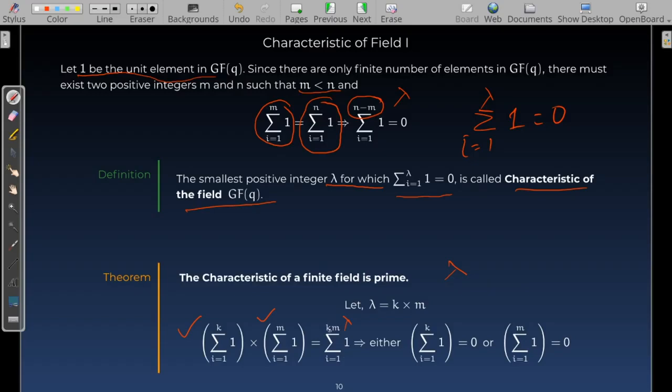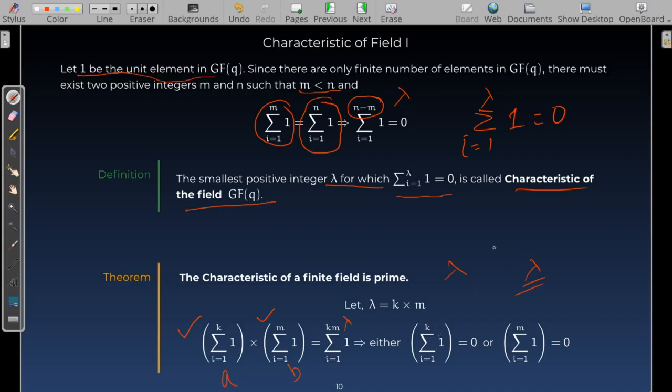What we mean by that is, let's say this is A, this is B, then either A should be equal to 0 or B should be equal to 0, right? It means lambda cannot be the smallest positive value for which this summation is 0, right?